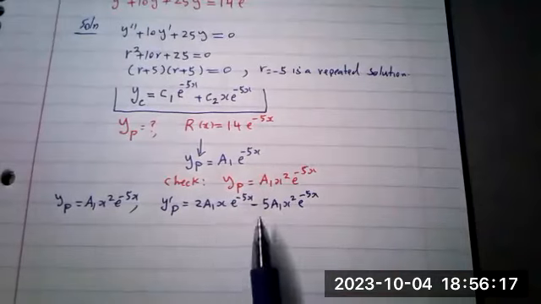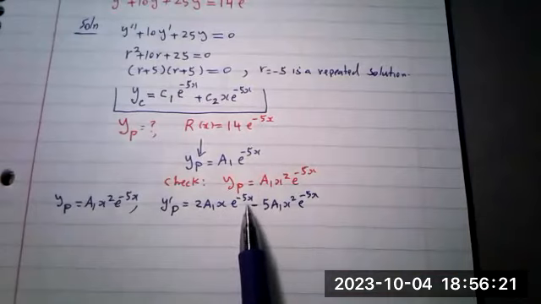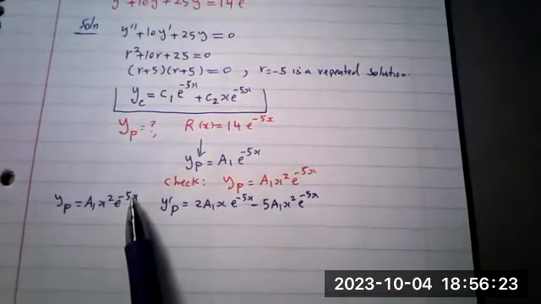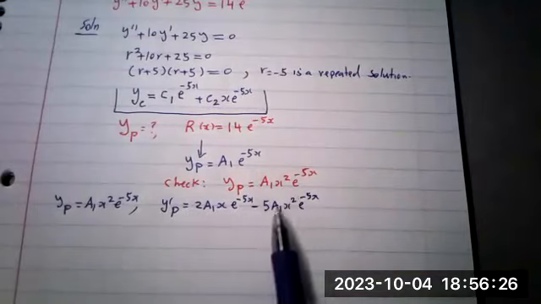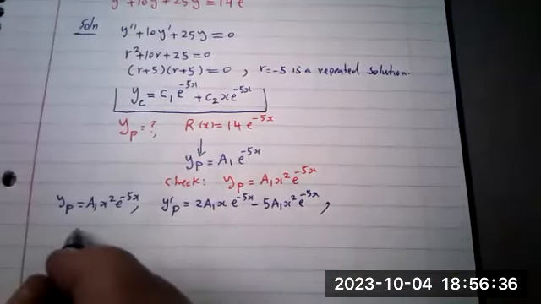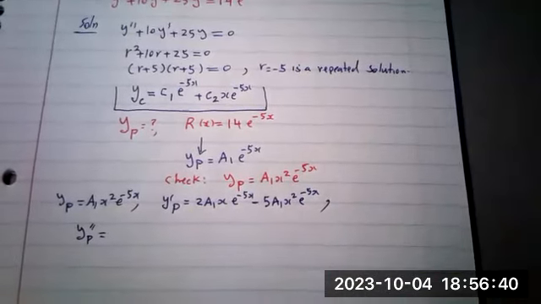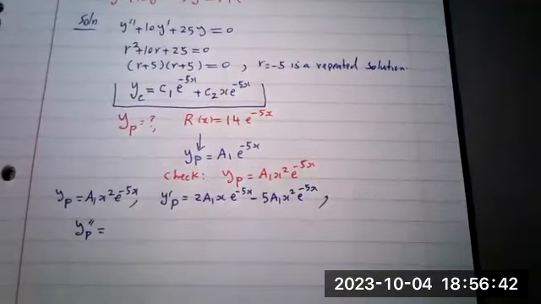The derivative of the first times second: derivative of x squared, 2x, times the second; first times the exponential function, that gives you negative 5 e to the negative 5x, so negative 5 a1 x squared e to the negative 5x. That's the y prime. Continue with y double prime. So what's going to be y double prime? Differentiate carefully, because you have to use the product rule for both of them.